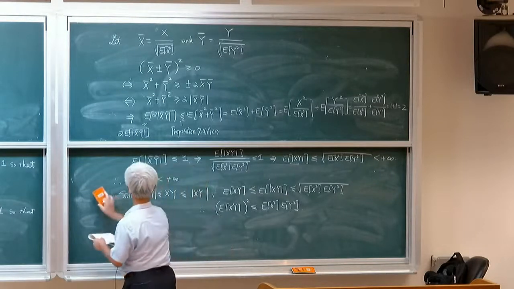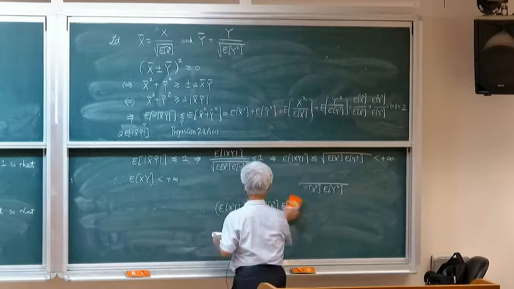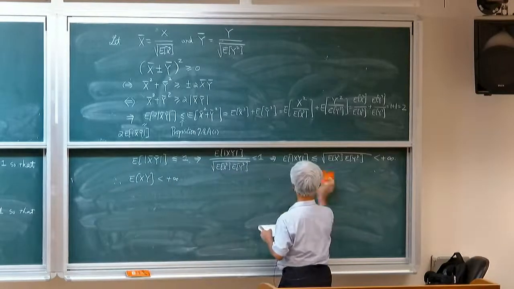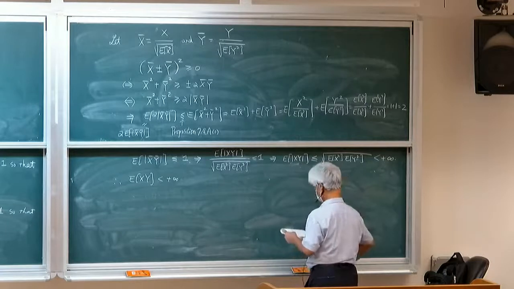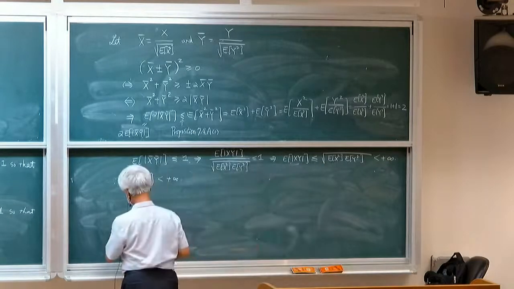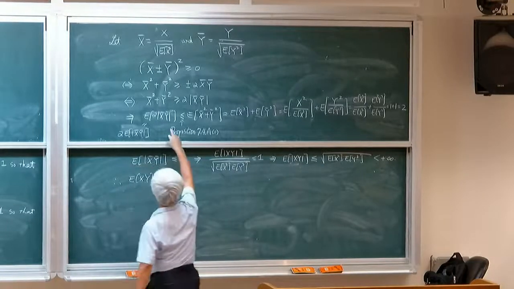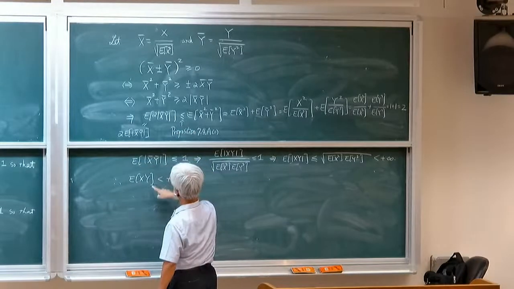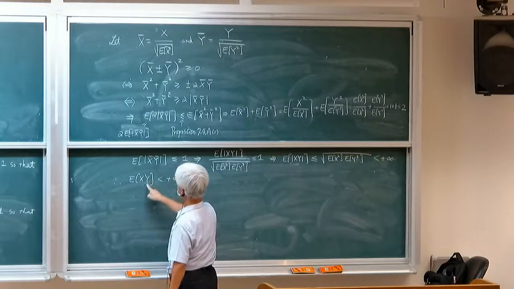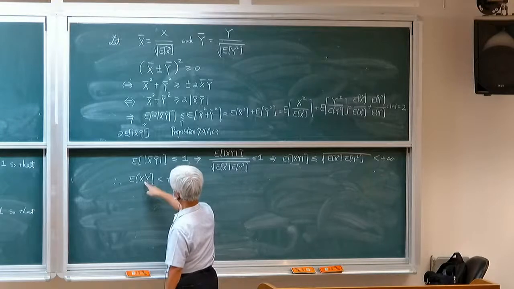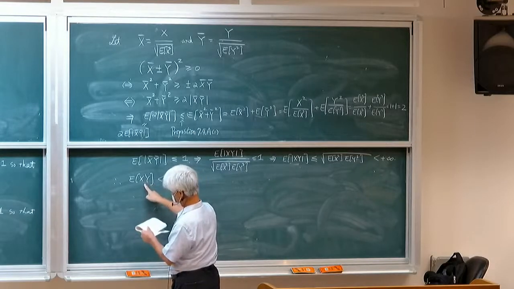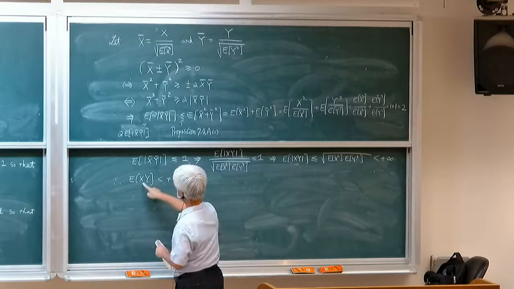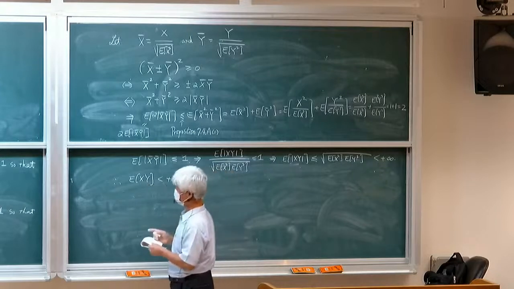Okay, so the way to... maybe I would do this argument, it would be faster than everything. Okay, so the way is we have proved that the product x and y has finite expectation.